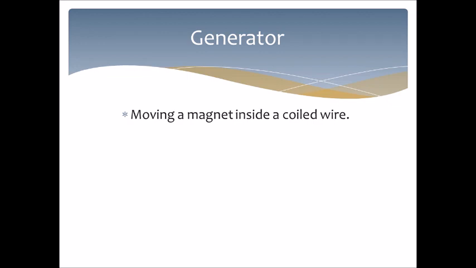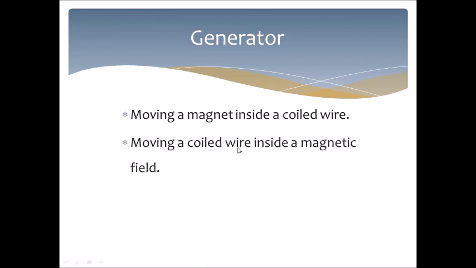We can produce electricity by moving a magnet inside the coiled wire. The second way is moving a coiled wire inside a magnetic field, or placing just the coiled wire inside a magnetic field produces electricity too. Now let's see the first one, moving a magnet inside a coiled wire.